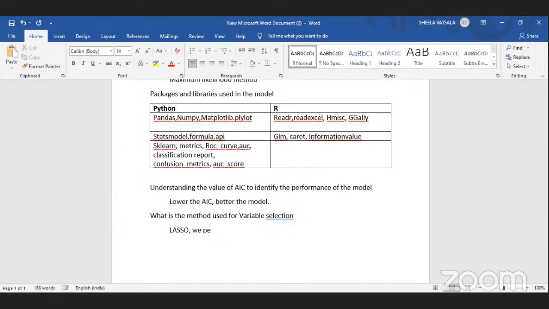We penalize the coefficients of the variable and some of the variables may become 0. All right, that is the idea.